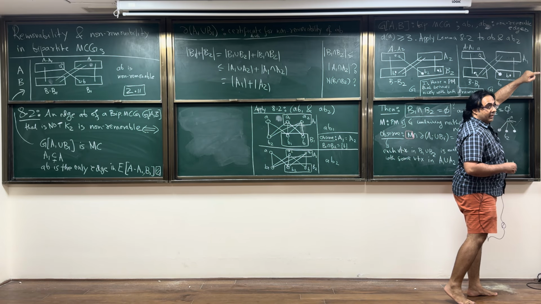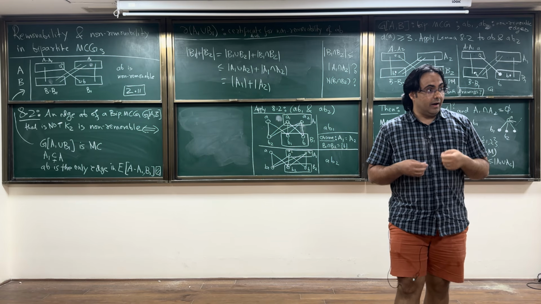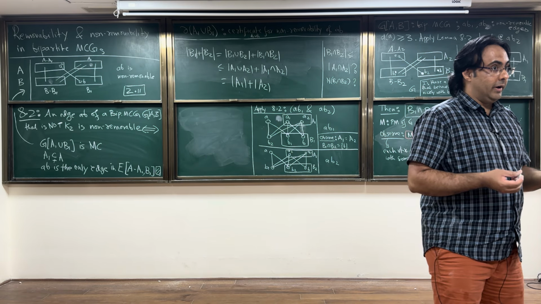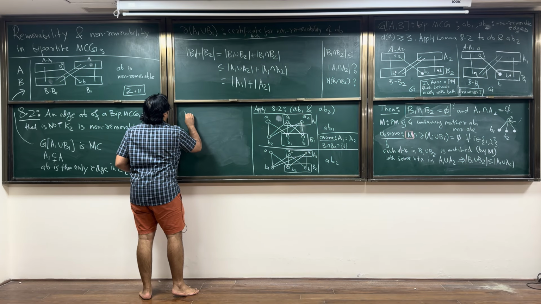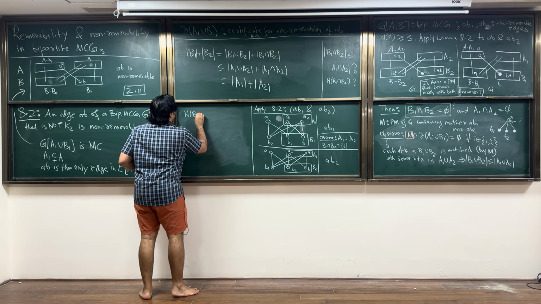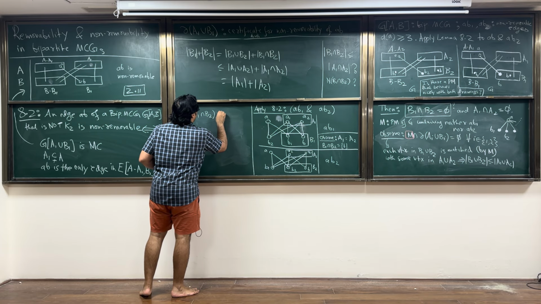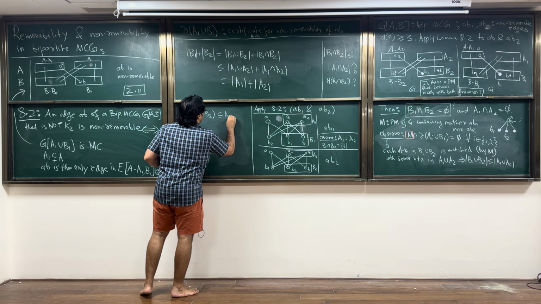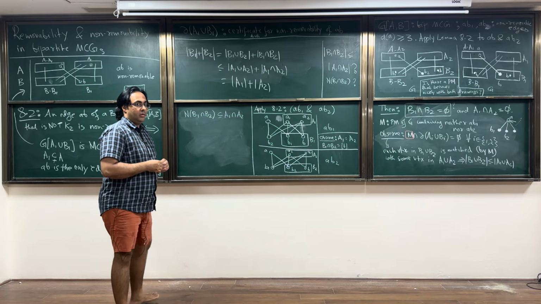Therefore, the neighbors of all vertices in B1 intersection B2 are contained in A1 intersection A2. You all agree? Neighbors of all vertices in B1 intersection B2 are contained in A1 intersection A2. Yeah?